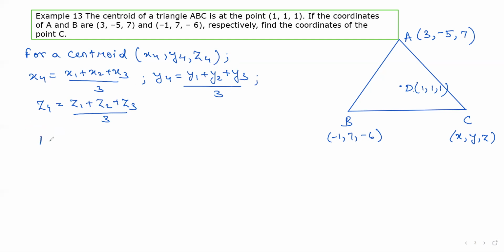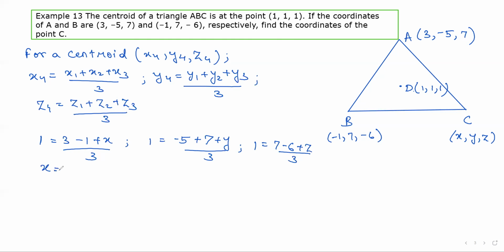So, equating that, 1 will be equal to (3 minus 1 plus x) divided by 3. 1 is equal to (minus 5 plus 7 plus y) divided by 3. 1 is equal to (7 minus 6 plus z) divided by 3.